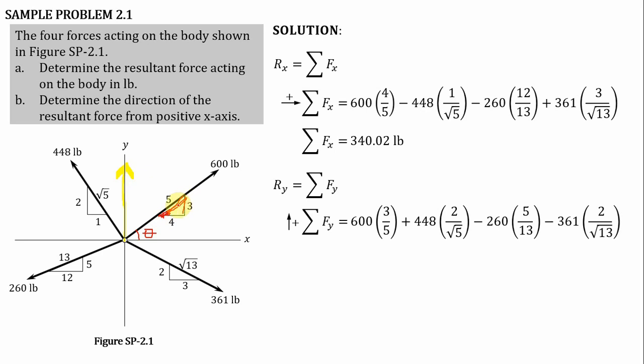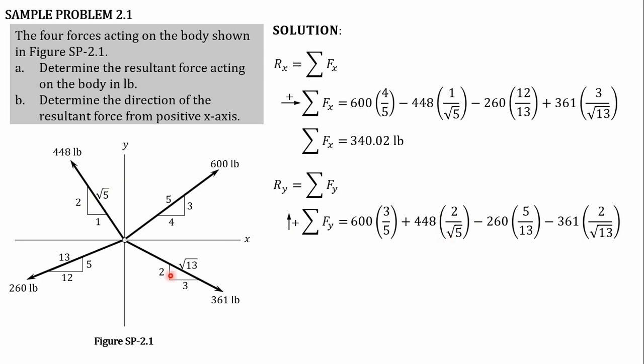So that's why it's 600 times 3 over 5. Okay? And then yung 448 pounds, going upward yan. So that's why positive to. Okay, so times 448 pounds times 2 over square root of 5.